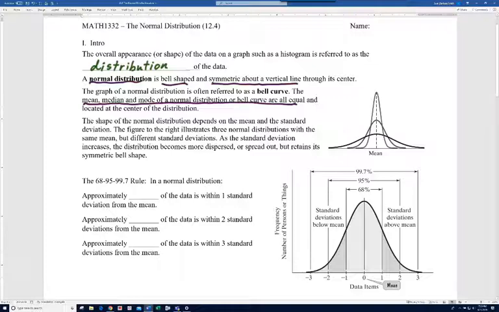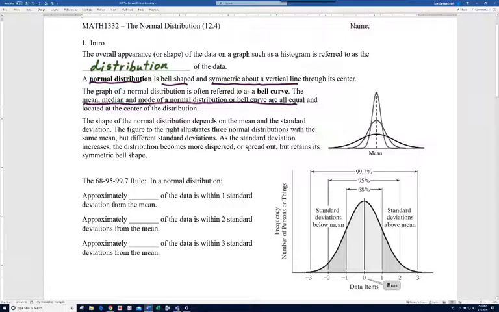So I just want to mention there's a lot of things that are distributed according to a normal distribution. For example, the height of men in the United States. The average height of a man is about 5'10" in the USA. And what you'll find is there's going to be a lot of men that are really close to 5'10", either a little more, a little bit less.